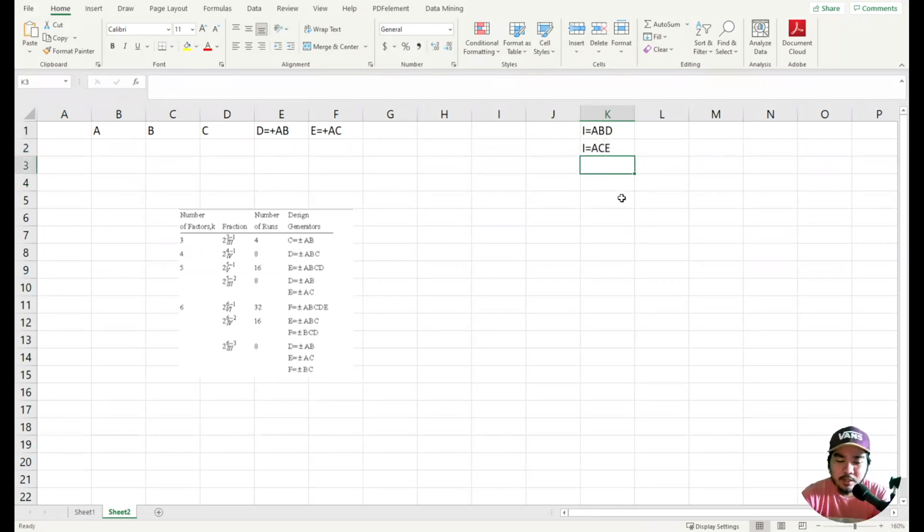So this becomes ACE. Okay, so those are my two defining contrasts. So try natin. A muna. A times ABD gives me equal to sa BD. Tapos A times ACE equal siya sa CE. Tama? Then we also have B multiplied by ABD.